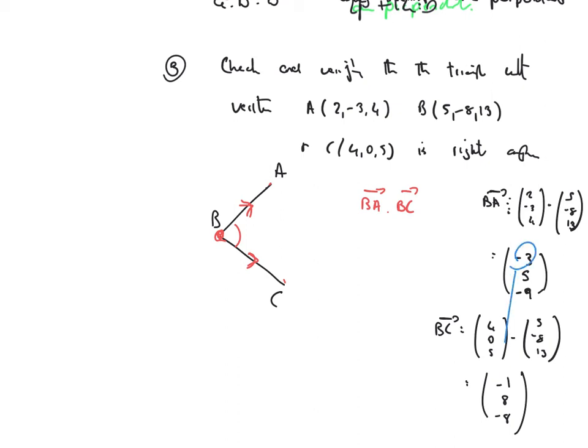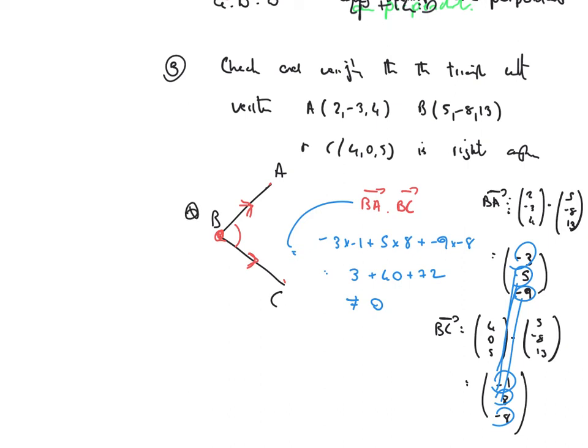So minus 3 times minus 1 plus 5 times 8 plus minus 9 times minus 8. Okay, so that would give me 3 plus 40 plus 72. Okay, that is not equal to 0, therefore the right angle can't be at b.